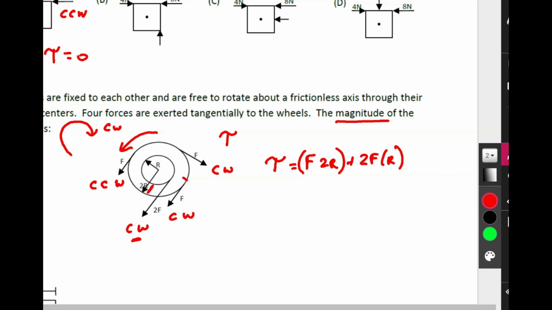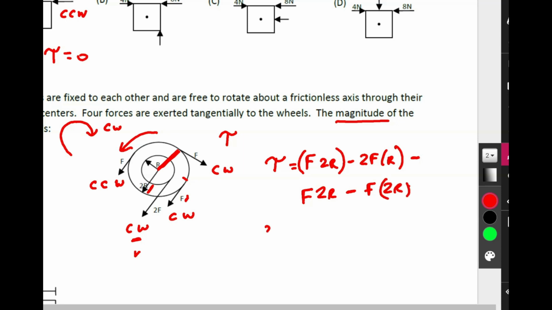And the other, whoops, wait a second, my bad. There's only one counterclockwise. The rest are all clockwise. So 2f times r minus, here's another one, this f right here, so it's a negative, so minus f times 2r. It's minus the last one, f times the other big moment arm, right there, f times 2r.